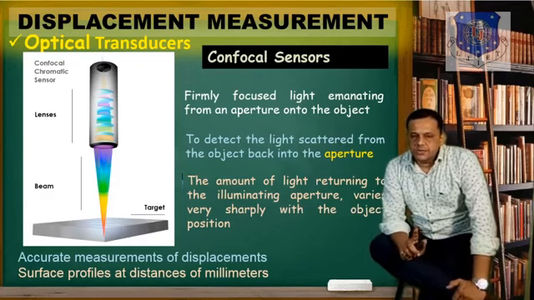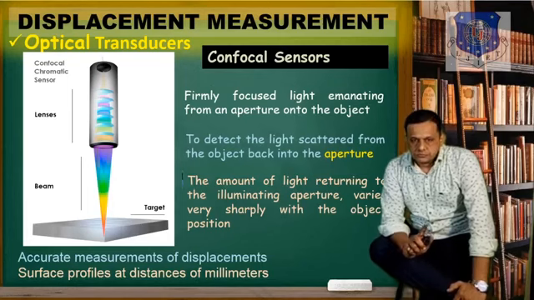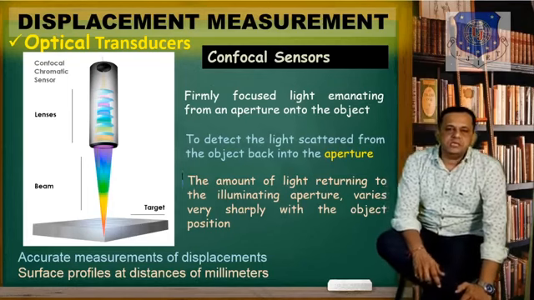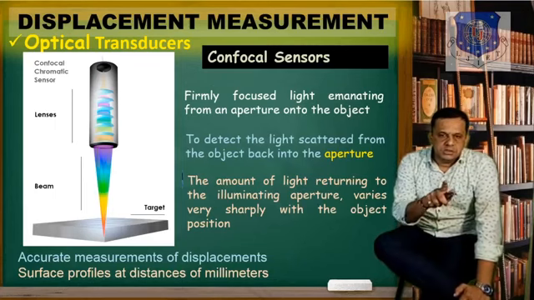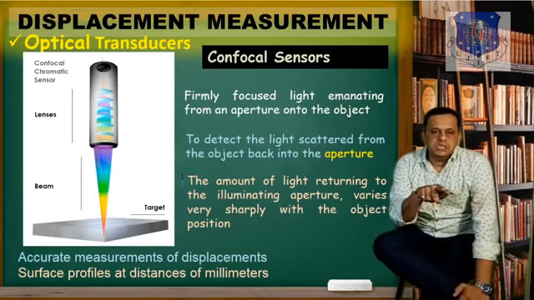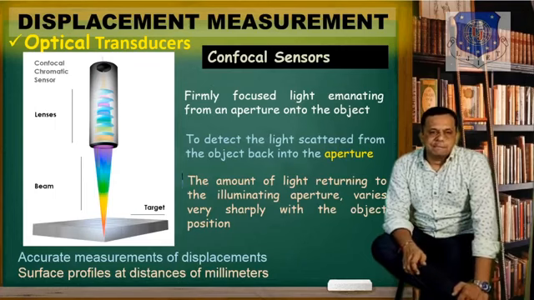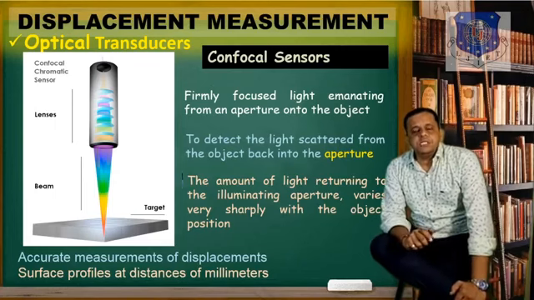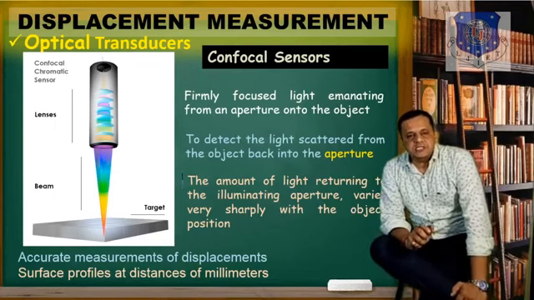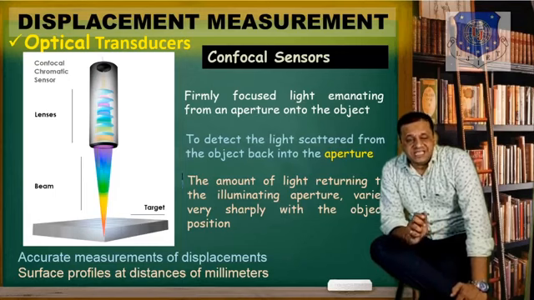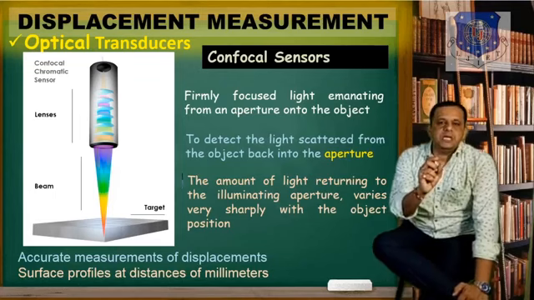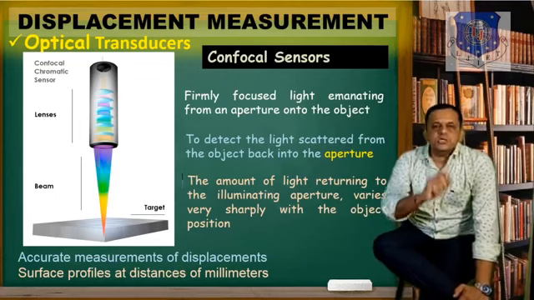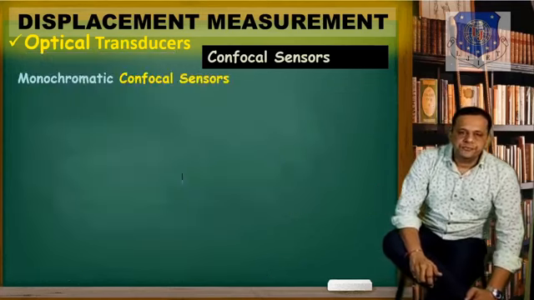Here we will be using chromatic light, and the amount of light returning to the illuminating aperture varies with the object position. If you require accurate measurement of displacement and surface profile at distances of millimeters, then confocal sensors are very useful.